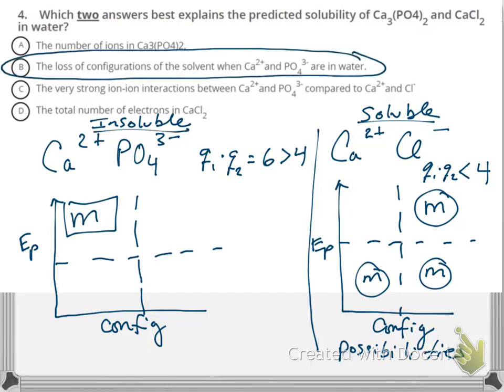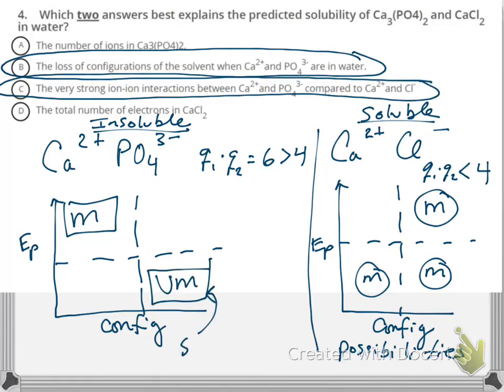So the answer is B, as we talked about in question 1, that the loss of configurations always lowers the configurations of the mixed state, and the strong ion-ion interactions will also, for the unmixed state. Remember, keep in mind, these are going to be strong ion-ion interactions, lower potential energy, more stable in the unmixed state. So both answers, B and C, are correct.